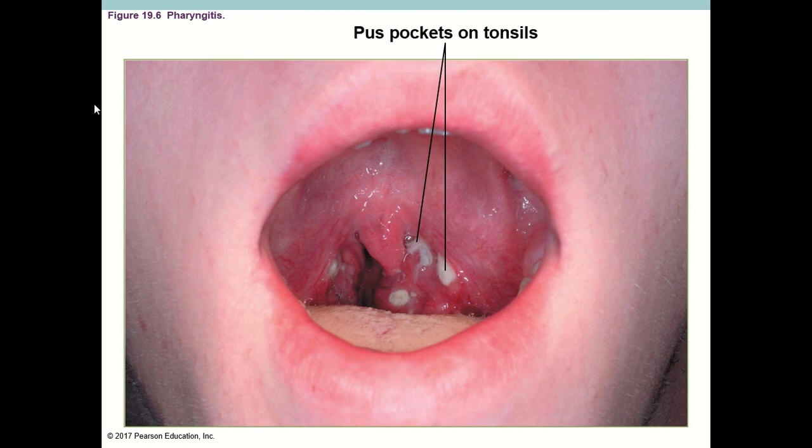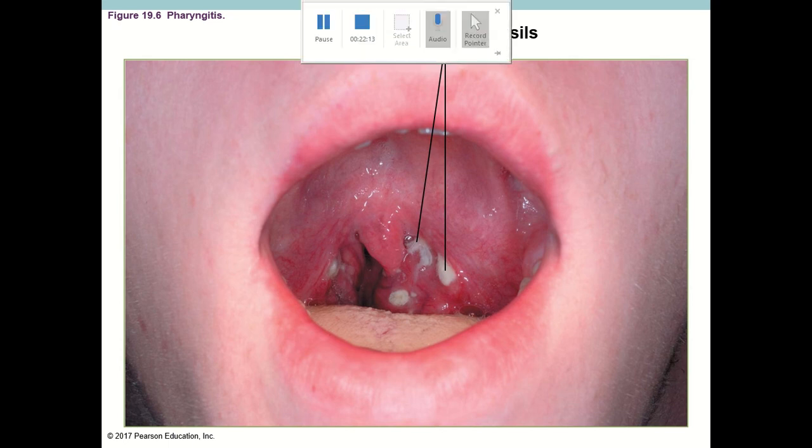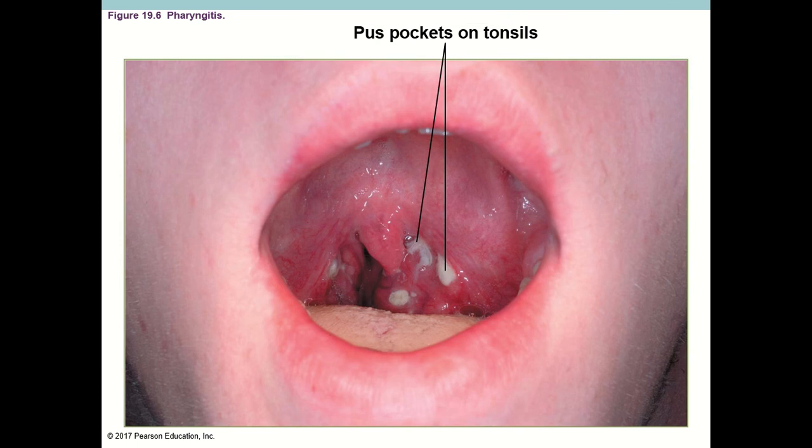The tonsils are comprised of immune tissue called MALT, if you recall from the immune system lecture. So again, let's go over group A Streptococcus, starting off with Streptococcus pyogenes, which is a specific species of strep.